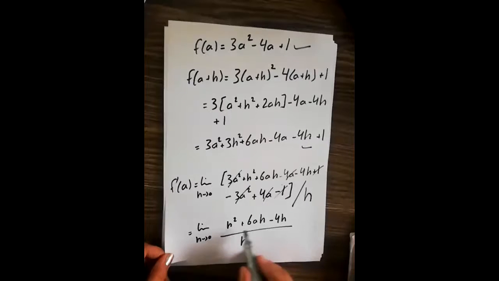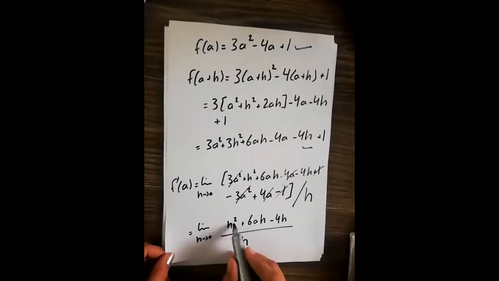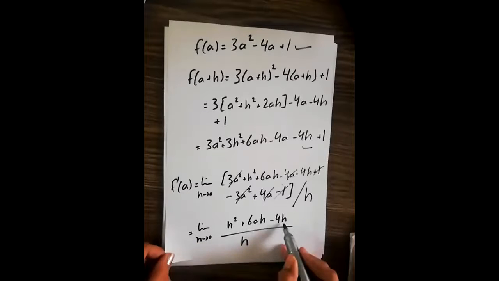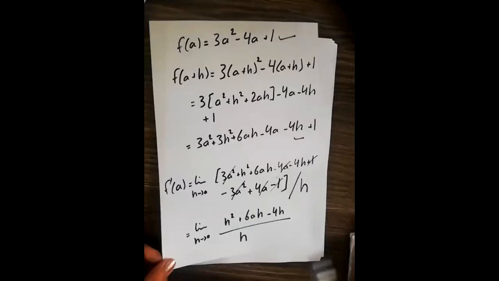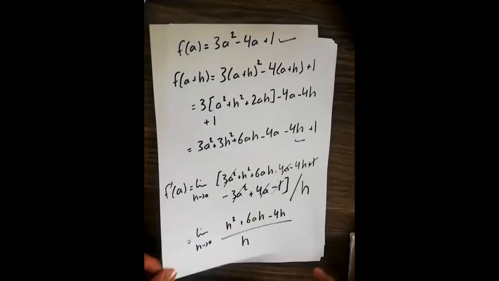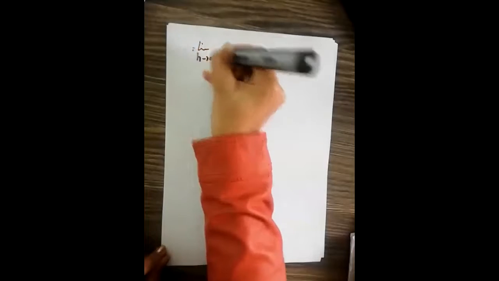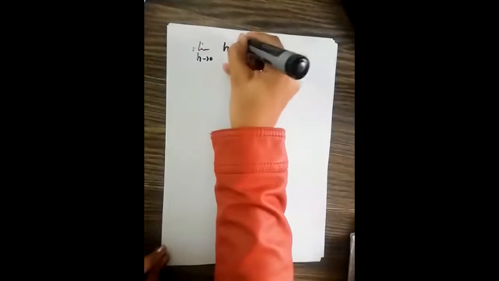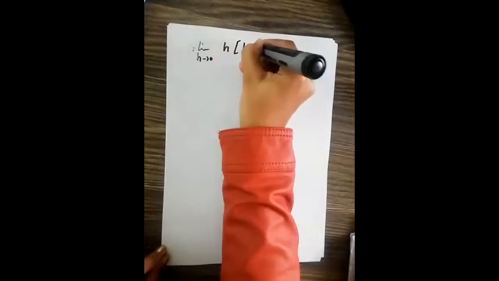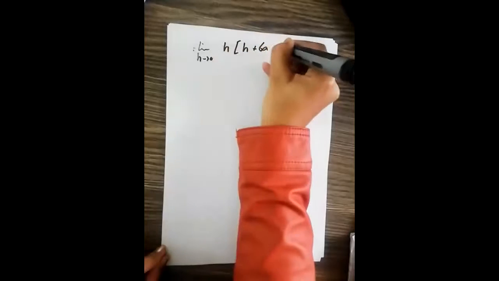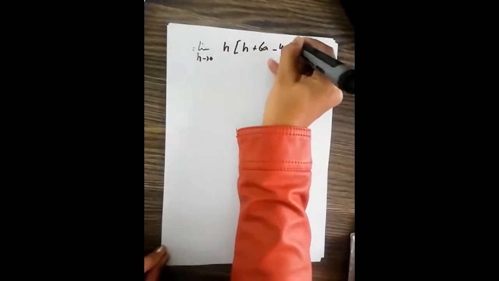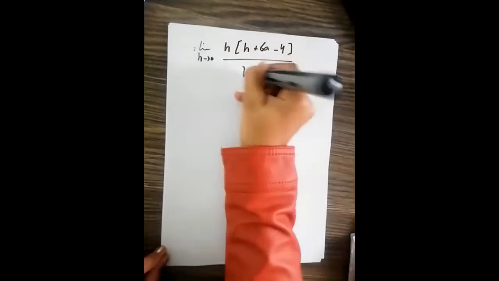Here we have 3h into h, here we have 6a into h, and here we have 4h. We can take h common and then we can cancel this h with the other h. So it will become limit h approaches to 0. Take h common: this is 3h plus 6a minus 4, all divided by h.